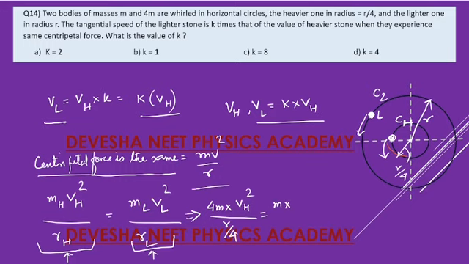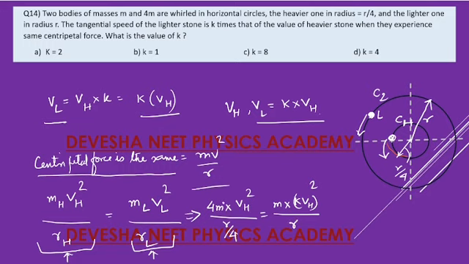What is the lighter body's velocity? It is k times the heavier one, so k VH whole square divided by the lighter body's radius, that is R.